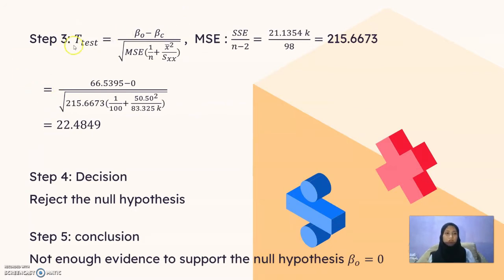The answer for the t-test is 22.4849. So the decision for this question is to reject the null hypothesis. Step 5, the conclusion is that there is not enough evidence to support the null hypothesis beta 0 equal to 0.